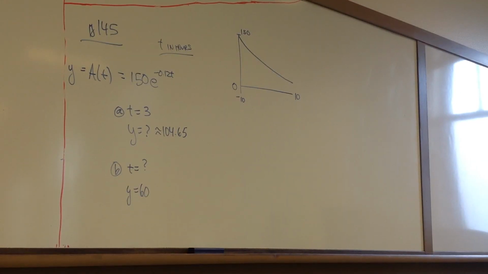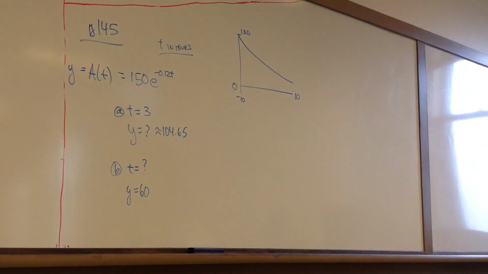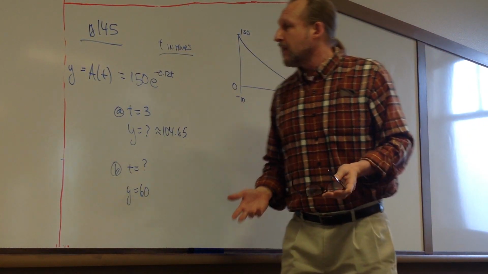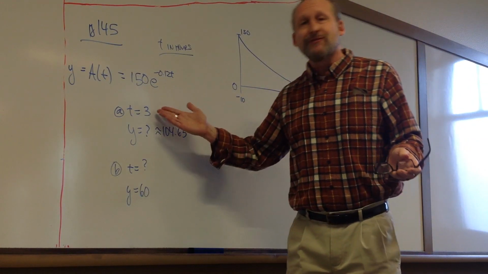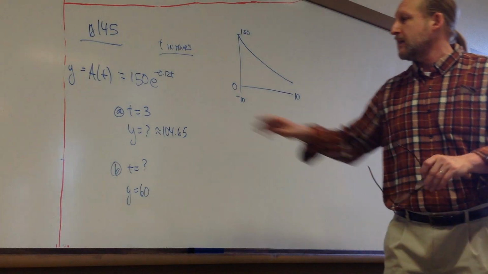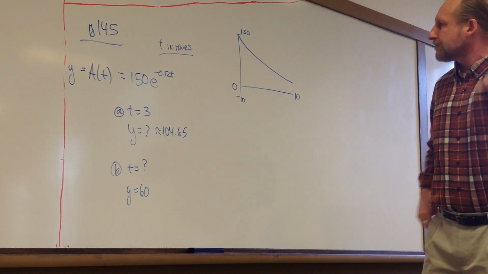So there's 3 different ways to answer that same question. Now, the easiest way, I think, is just to go look in the table. But if that t value happens to not be a whole number, or if it's not in the table, like if they wanted to know something for 3.5 hours, then one of those other methods would be a good way to find the answer there. Okay. So that's part A.